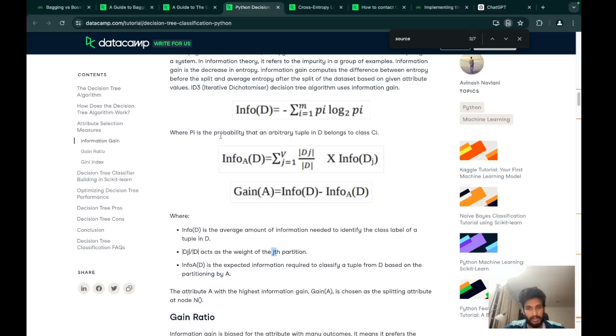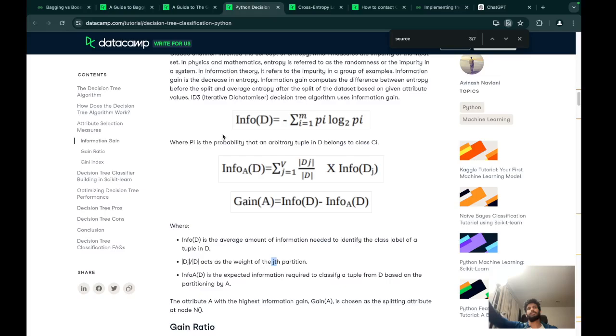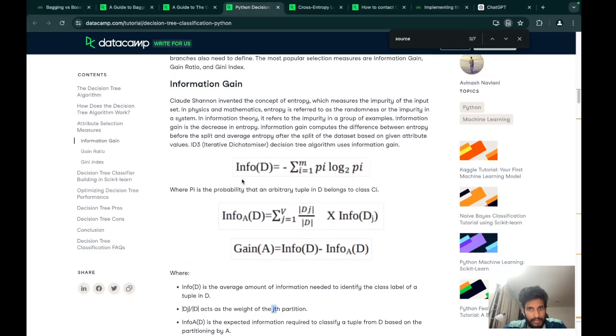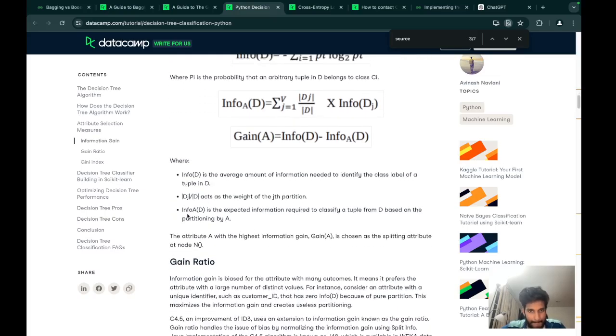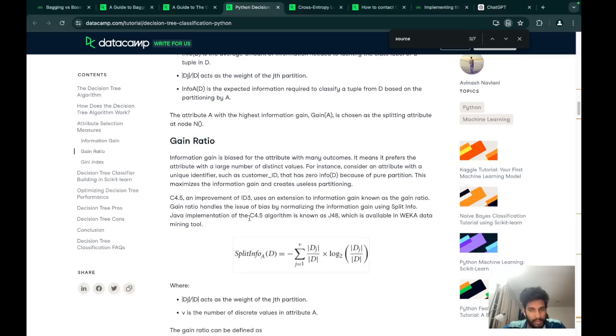Yeah, it's basically from the same thing. Instead of classes, we are doing partitions. Jth partition. Are these random partitions? j from 1 to v. Are the partitions random? Um, I don't know.